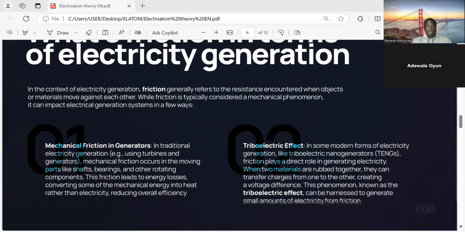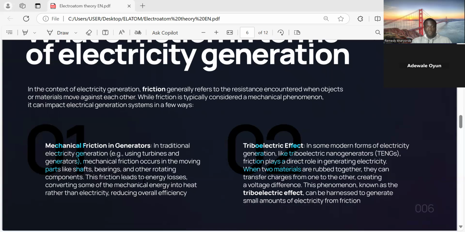So we have the mechanical friction in generators. In traditional electricity generation, e.g. using turbine and generator, mechanical friction occurs in the moving parts like the shaft, the bearing, and other rotating components.